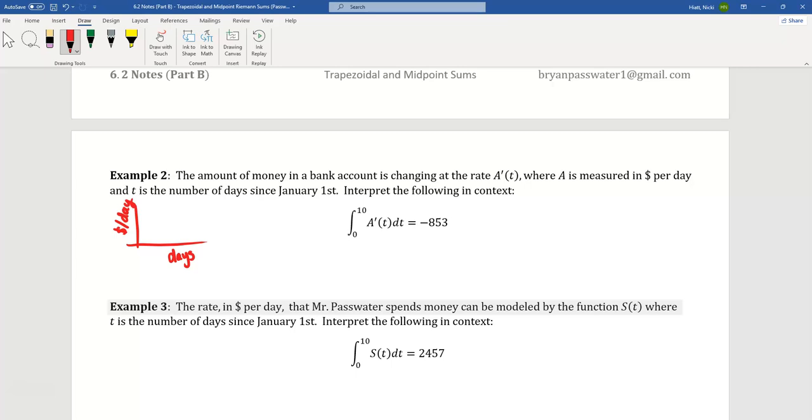I wonder if that is a typo or if he meant to do that, because he calls this A prime, but then says A is measured in dollars per day, not A prime.